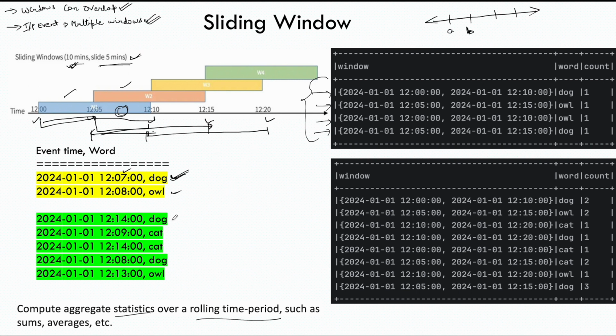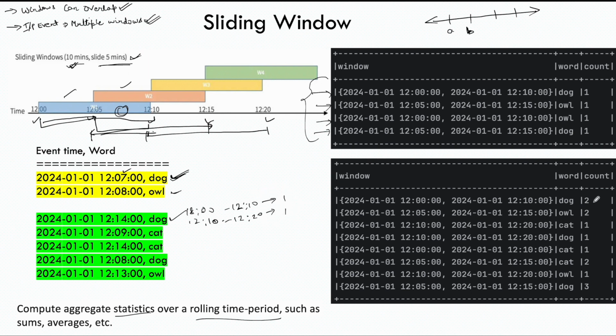Now let's consider the next event, 12:14. Where does 12:14 fall? It falls between 12:05 and 12:15. Dog is also here, and 12:10 to 12:20. Yes, it also falls between 12:10 and 12:20. Let's write it here. That is why the count is 1.